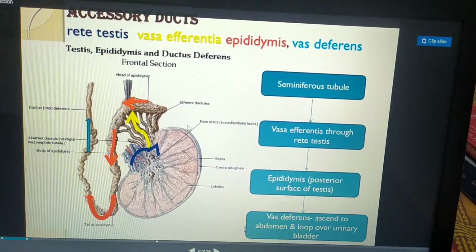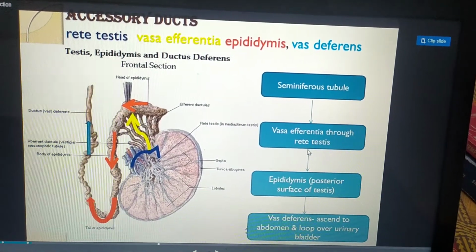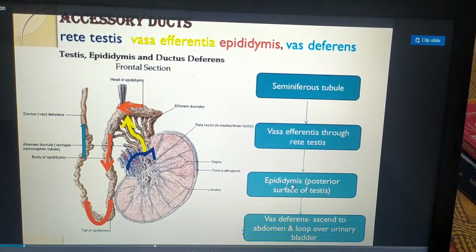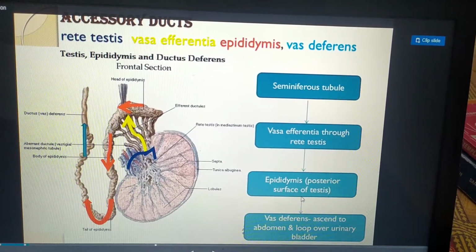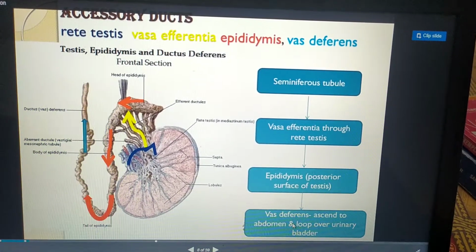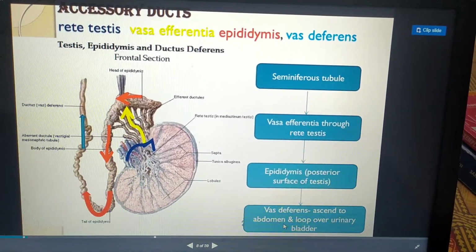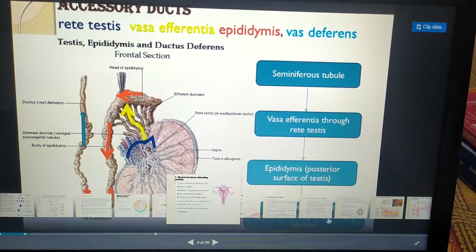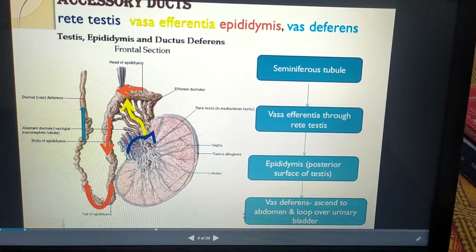The seminiferous tubule opens into the vas efferentia through the rete testis, then it opens into the epididymis, which is also known as the posterior surface of the testis. Then it opens into the vas deferens, which ascends into the abdomen and loops over the urinary bladder. Loop over means it circulates or forms a circular structure on the urinary bladder.